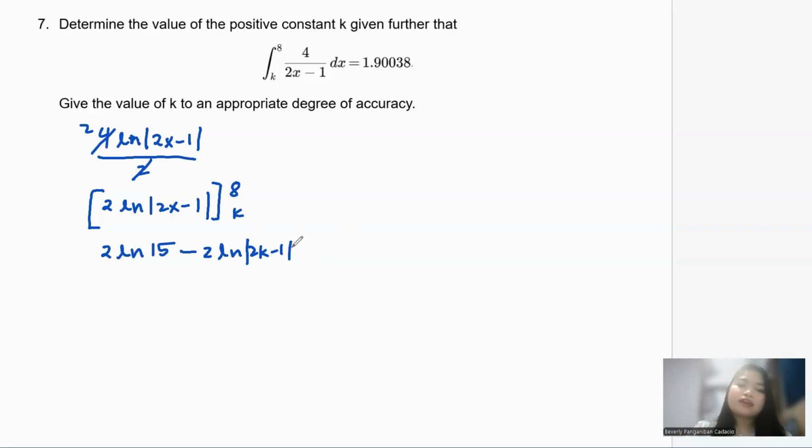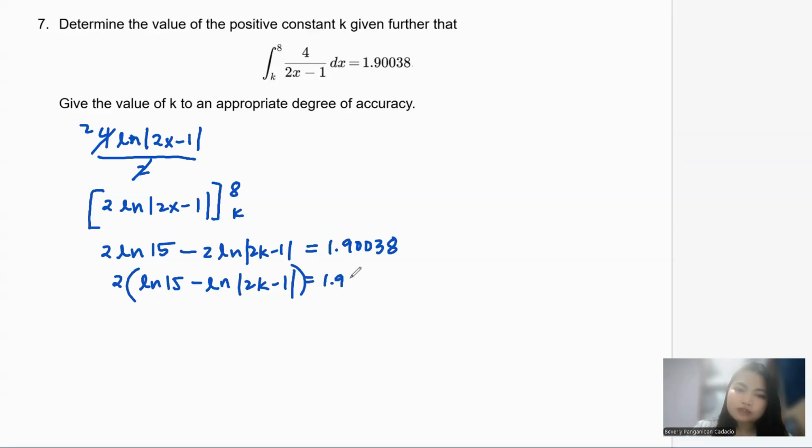Okay, and then I know that is equal to 1.90038. It's given. It's in the question. Can I just factor out the 2? Yes, you can do that. It will become ln 15 minus ln 2k minus 1 because there's a 2 in front. What's the point of factoring?